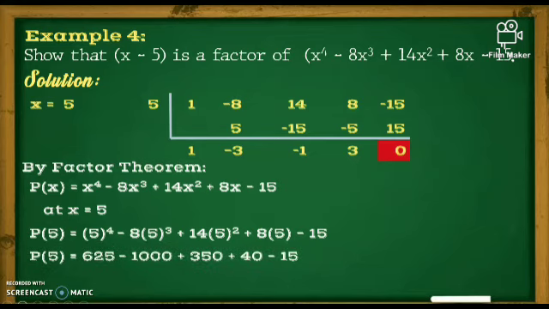Simplify. 5 raised to 4 is equal to 625. 5 raised to 3 is 125 times 8 is 1,000. So copy the sign. Then 5 raised to 2 is 25 times 14 is 350.